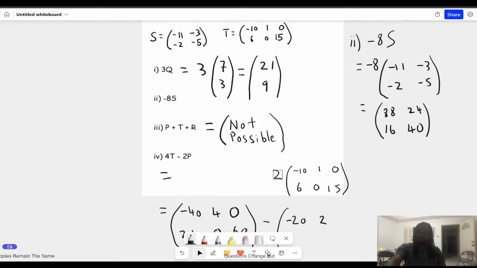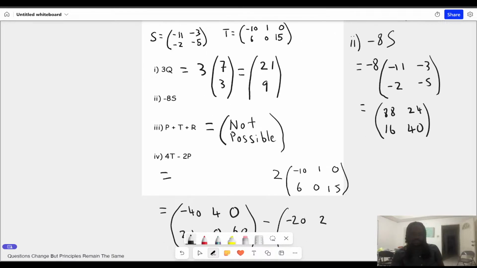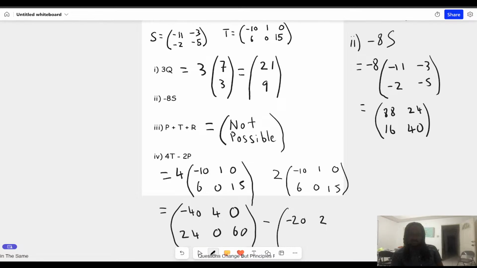So it's 4 multiplied by T. Oh no, I rubbed out the wrong T. 1, 0, then 6, 0, 1, 5. Alright. Let's try to get rid of these here now. So it's 2 times P.